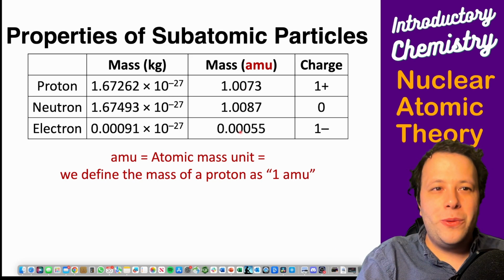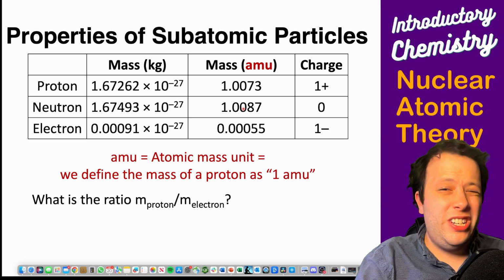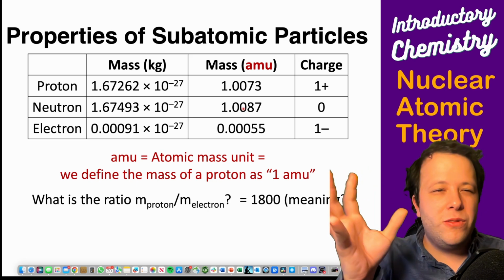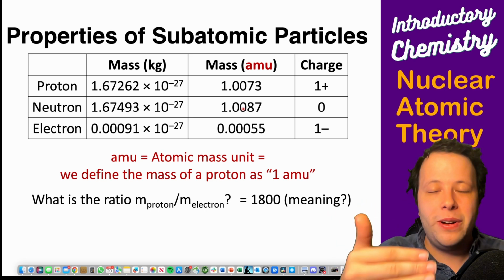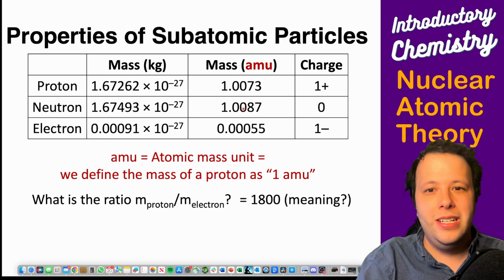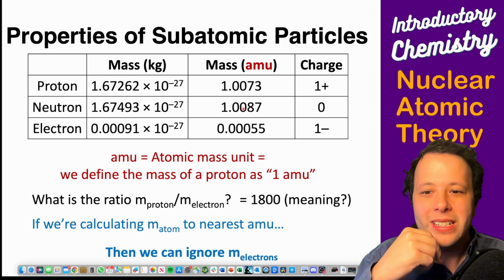We do not worry about the electrons. So why can we not worry about them? Well, notice the difference of size here. That ratio is about 1800, and that's huge. That's a very, very large difference, meaning that you can ignore the amount of mass that is there.